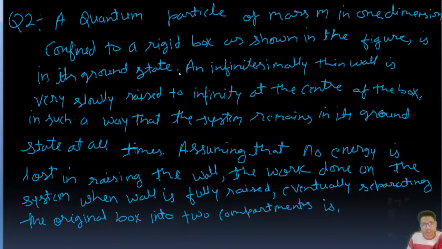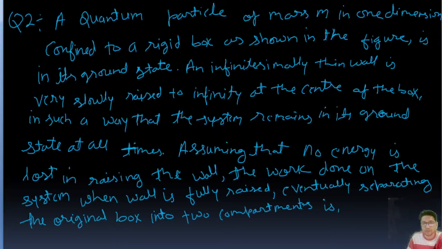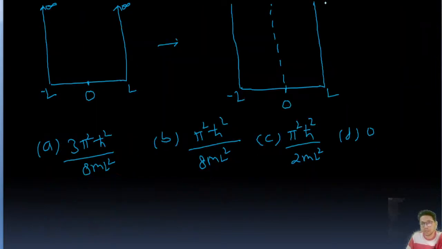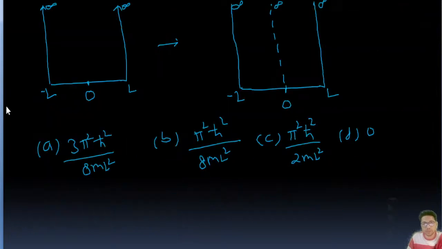The particle is in its ground state, and an infinitesimally thin wall, very small, is very slowly raised to infinity, like this, at the center of the box. We have raised the wall, a very thin wall, at the center of the box.